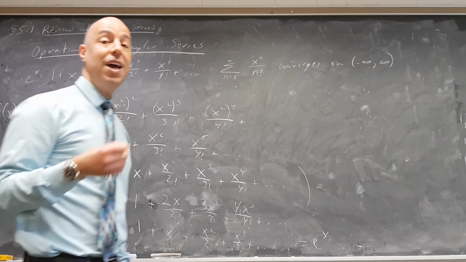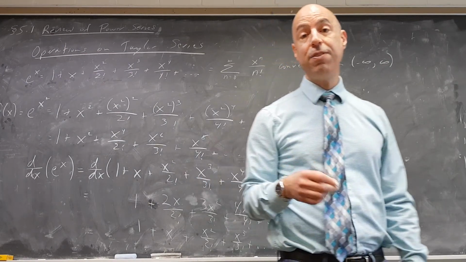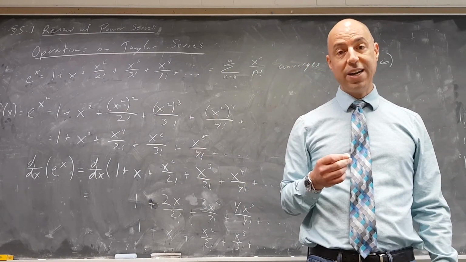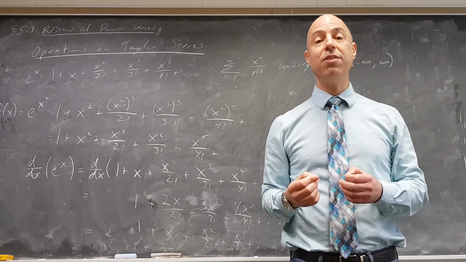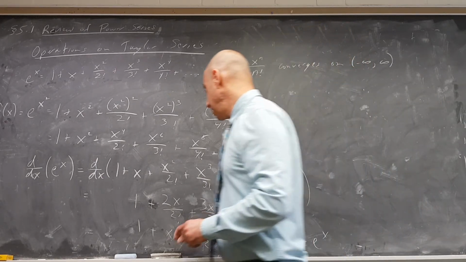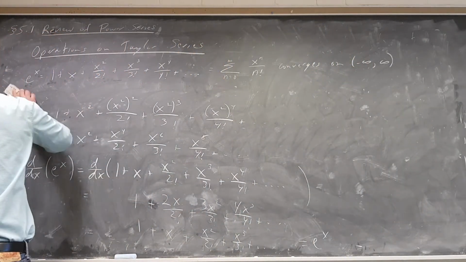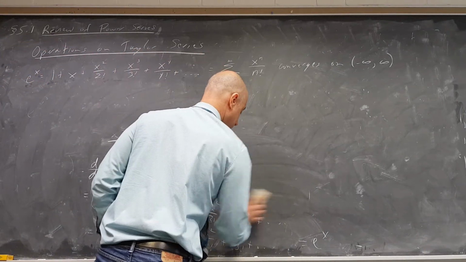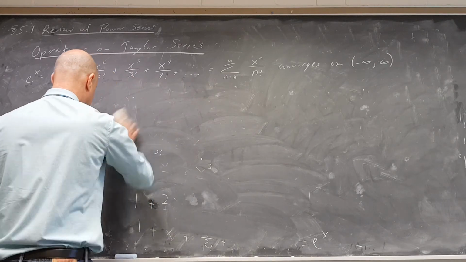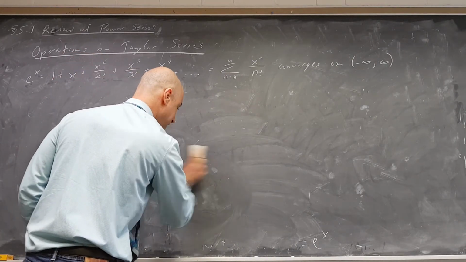If you go ahead and take the derivative of sine x, you know you get cosine x. So go ahead and take the derivative of the Taylor series for sine x. You recall the Taylor series for sine x.